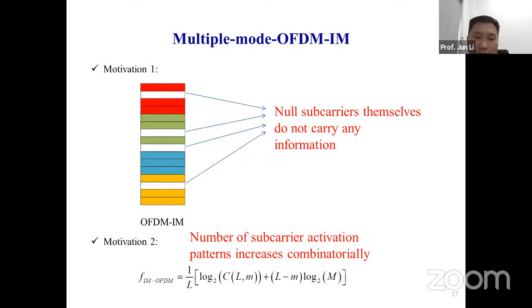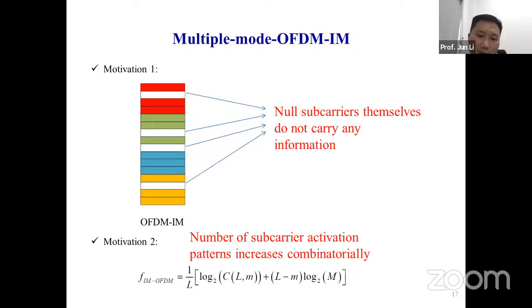Okay, this is another mode for the OFDM-IM, which is called multiple-mode OFDM-IM. As we know, in the conventional OFDM-IM scheme, not all subcarriers are active, right? Some subcarriers will not be used.